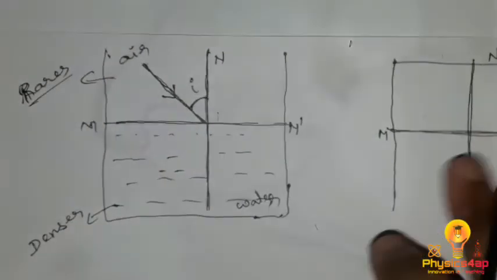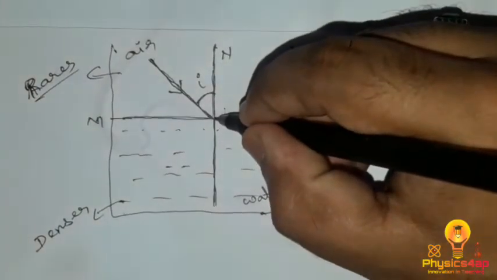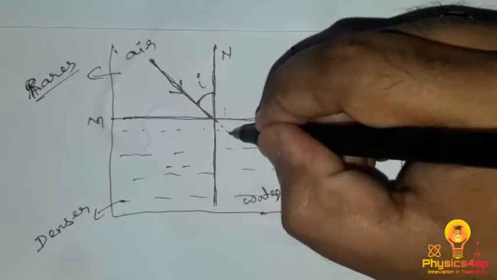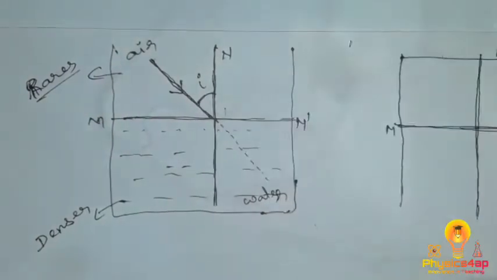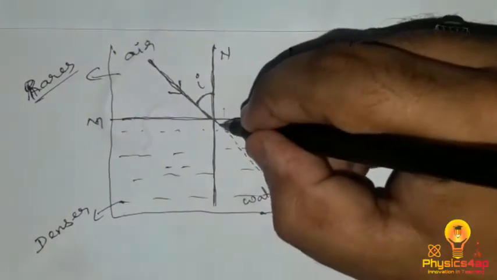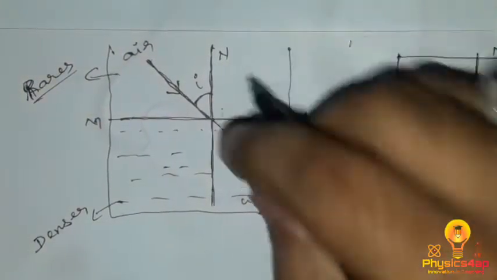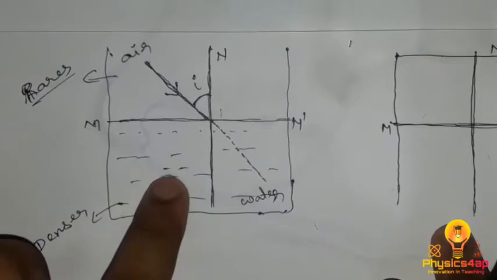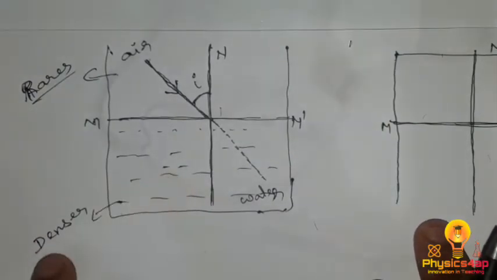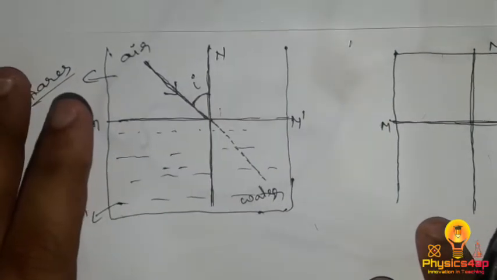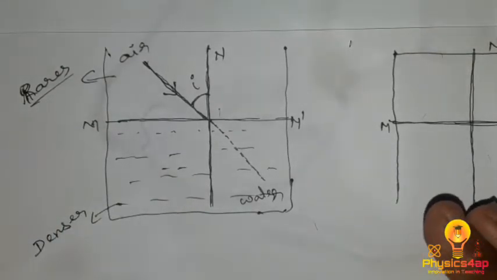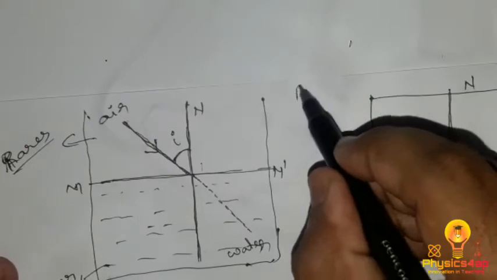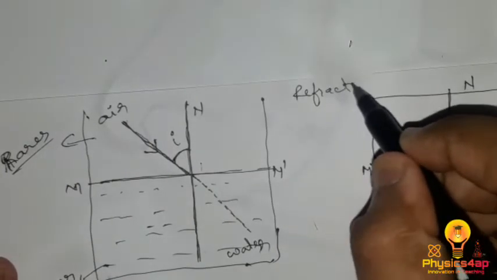As the light ray travels in a straight line, as we have already seen in the reflection part, the path of the ray should be in a straight line like this. But due to the separation of medium, as the medium is denser when compared to the rarer, the light ray bends. That property is what we call refraction.